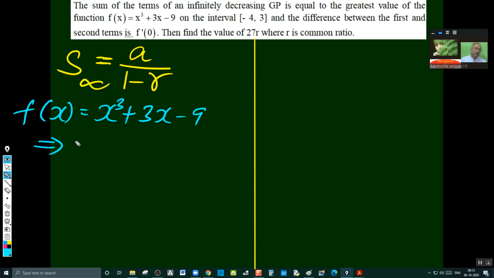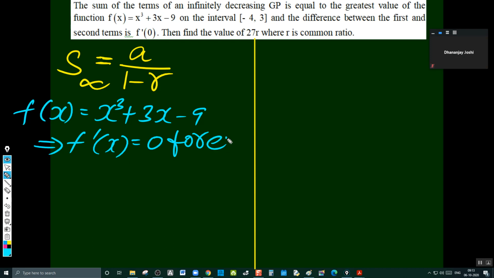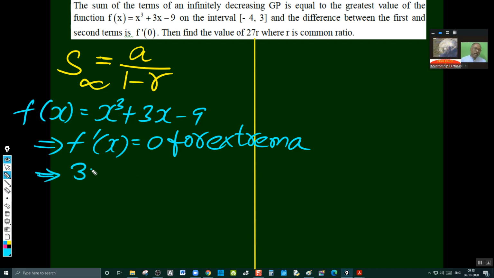Implies f dash x is 0 and f double dash of x is less than 0 for extreme values. हाँ इन लोग ने ग्रेटेस्ट वैल्यू बोला है. हाँ वही है, मैं ऐसा ही लिखा. एक्सट्रीमा बोलूंगा इसको. एक्सट्रीमा मतलब मिनिमम भी हो सकता है, मैक्सिमम भी हो सकता है. 3x स्क्वायर प्लस 3. इसके लिए बिल्कुल मिनिमम मैक्सिमम नहीं रहेगा. नहीं, जीरो नहीं होगा. f dash x is not equal to 0.